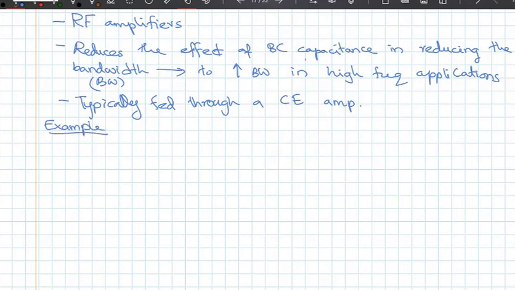Example circuit of a common base circuit. Minus VEE, plus VCC, RC, RE.